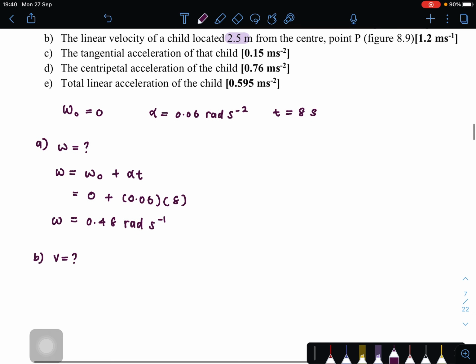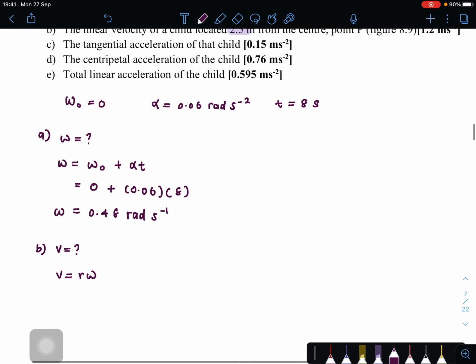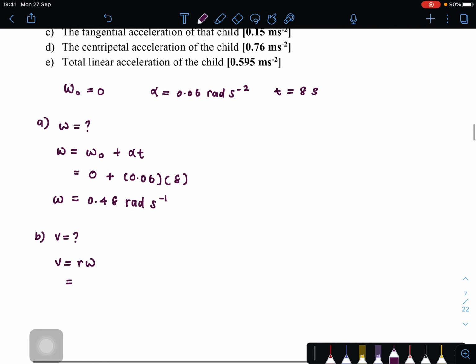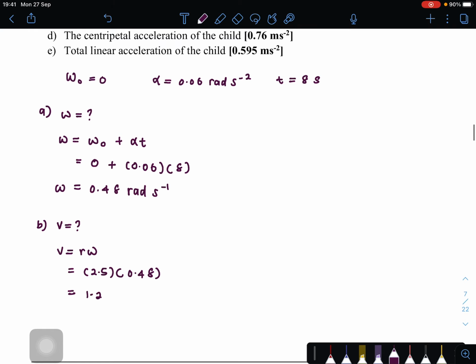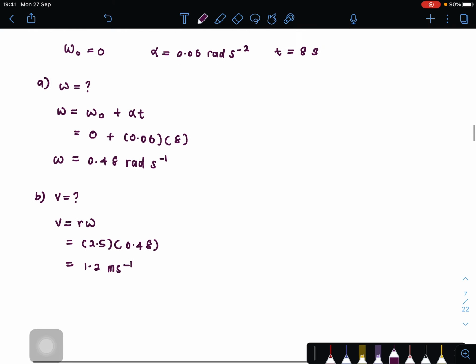So ingat lagi, V adalah sama dengan R omega. Okay, so R is 2.5, omega adalah this value yang kita kira dekat soalan A. So tekan calculator and then you will get 1.2 meter per second.